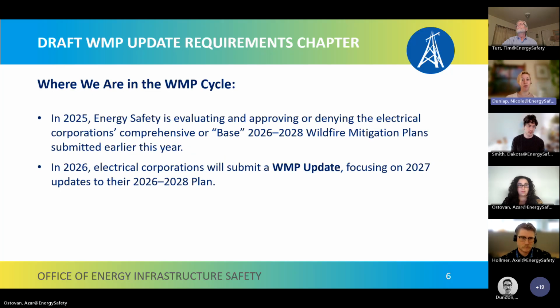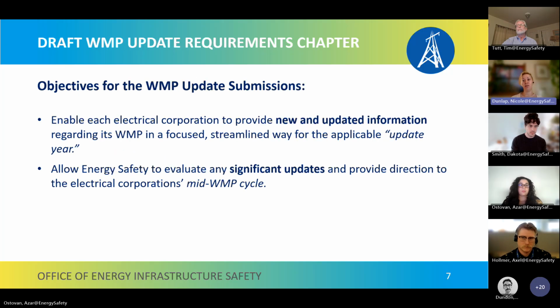Currently, where we are in the WMP cycle in 2025, we are evaluating the electrical corporations' base wildfire mitigation plan covering the 2026 to 2028 WMP cycle. Next year in 2026, electrical corporations will submit updates to their 2026 to 2028 base plan. Those updates will focus on updates to their work in 2027 and 2028 as allowed.